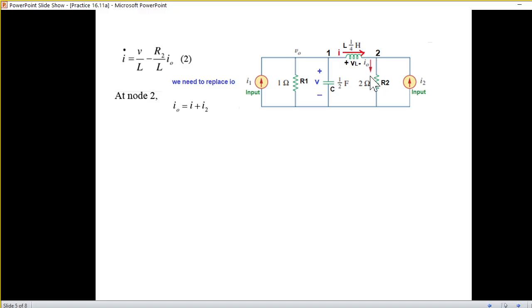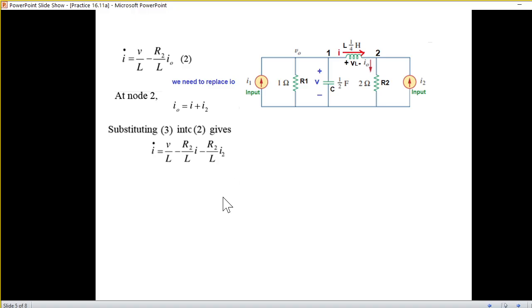From node 2, current entering is current leaving. That means I naught leaving is equal to I and I2. So from here we can now replace these values. So replacing I naught with I and I2, we get this equation.